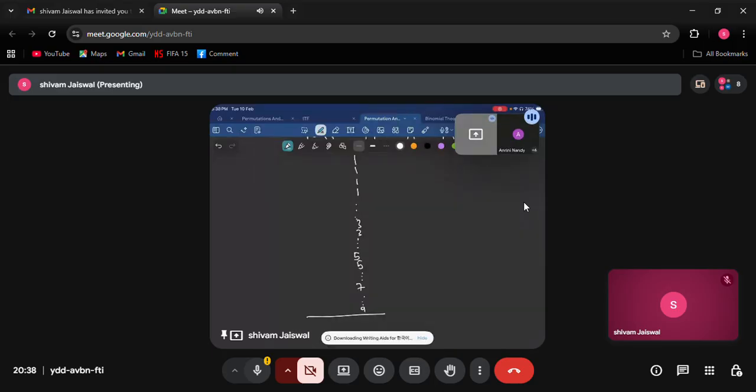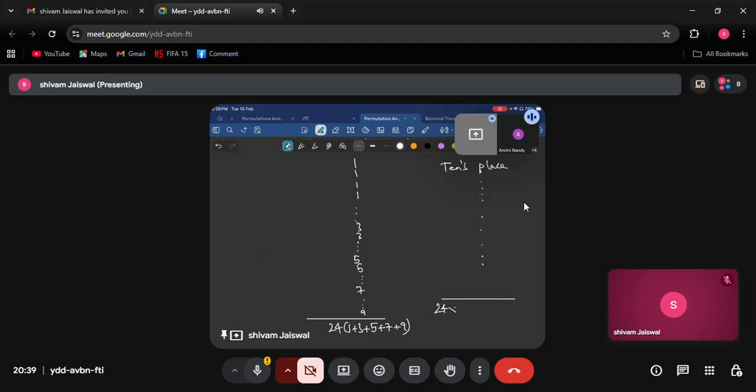The contribution in the units place will be 24 into (1 plus 3 plus 5 plus 7 plus 9). Similarly, in the tens place you also get the same total, 24 into (1 plus 3 plus 5 plus 7 plus 9).